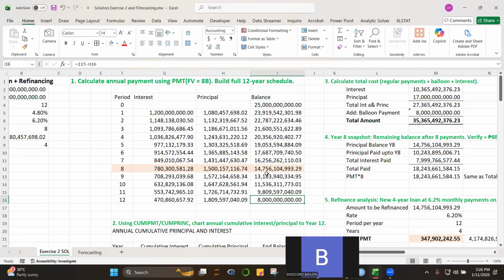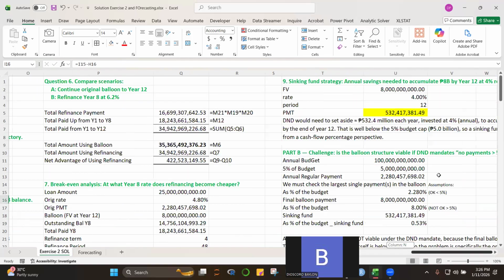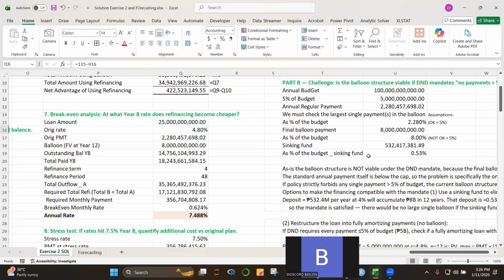And there's a constraint that there should only be up to 5% yung total budget. Okay, so that tells us to check yung mga possible na gagawin as an alternative to the balloon payment. Okay? So that ends our discussion for this exercise number 2.